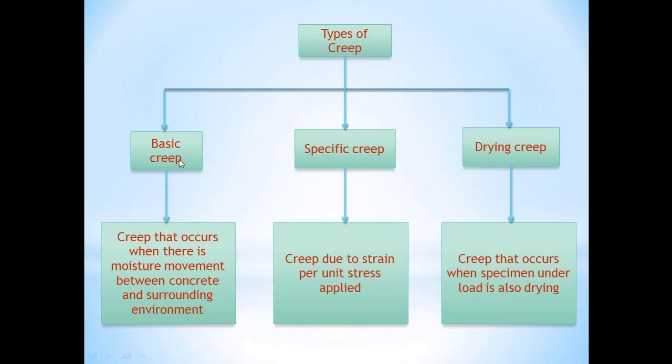The first one, basic creep, is the creep that occurs when there is moisture movement between concrete and the surrounding environment. The second one is specific creep. This type of creep is due to the strain per unit stress applied. And the third one is drying creep, the creep that occurs when the specimen under load is also drying.